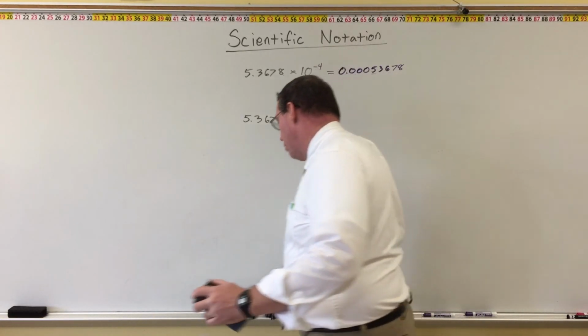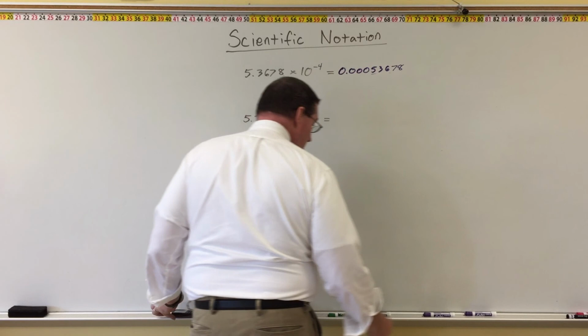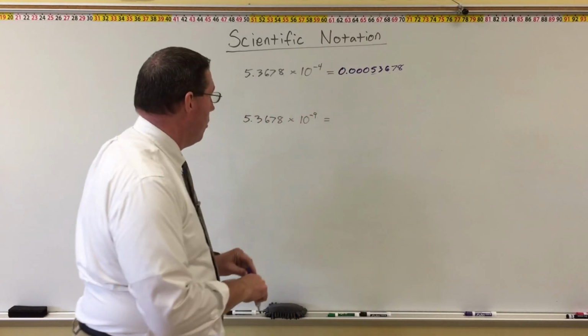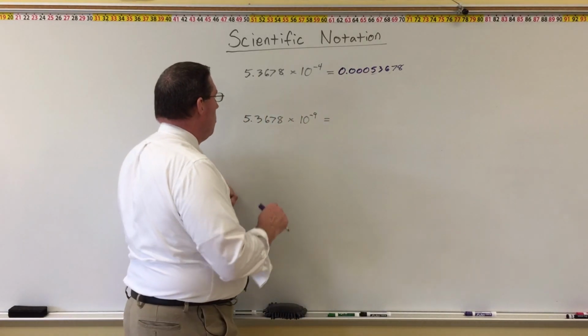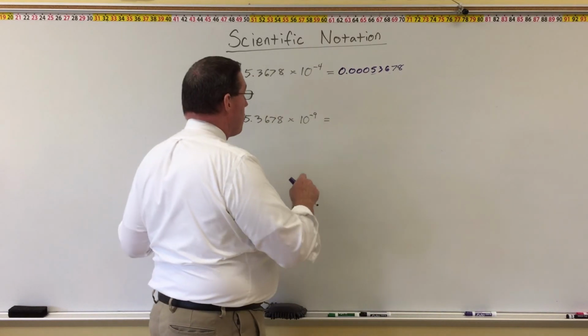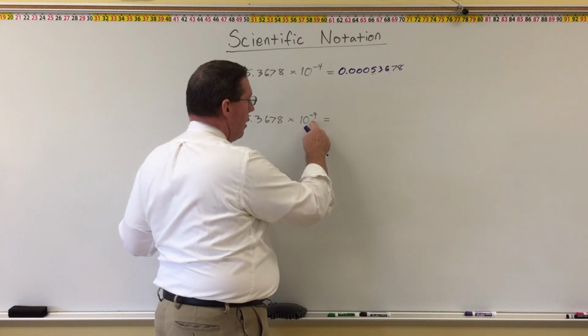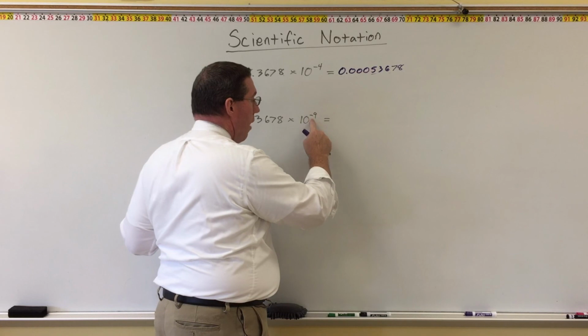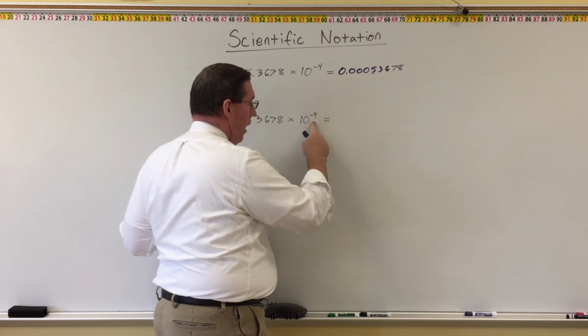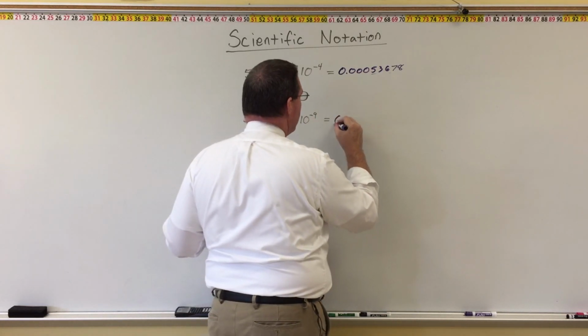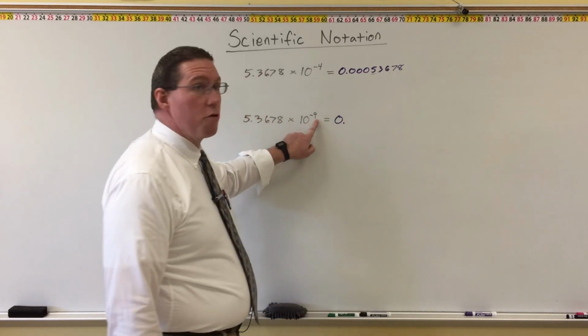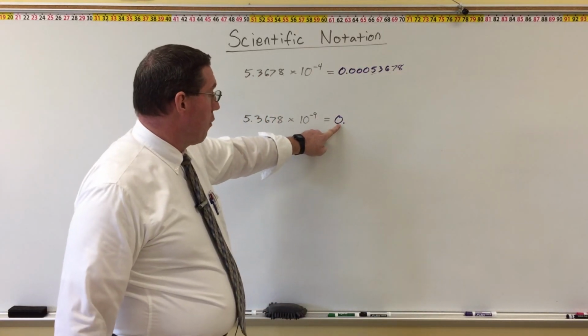So now we're going to have to do it by hand, which is pretty easy. Do you see this negative 9 right here? We're going to subtract 1 from the 9. First we write 0 point, and that's our first 0.